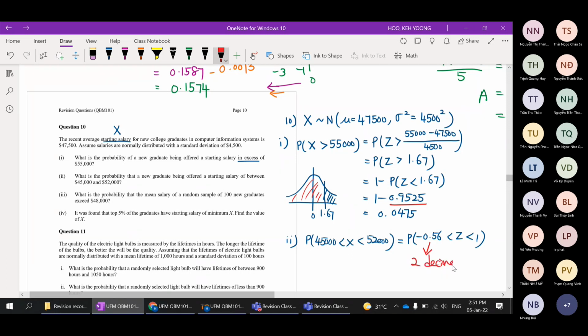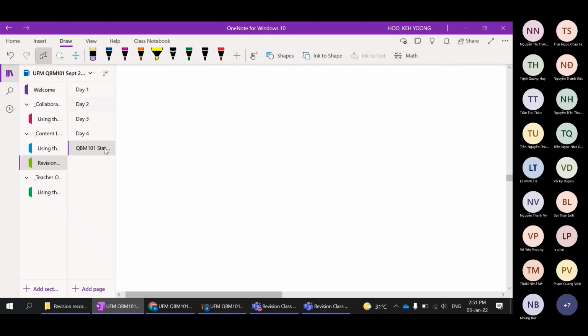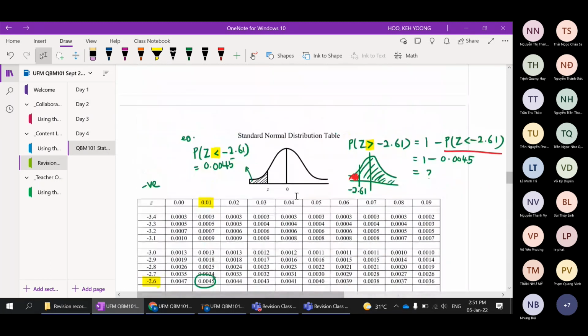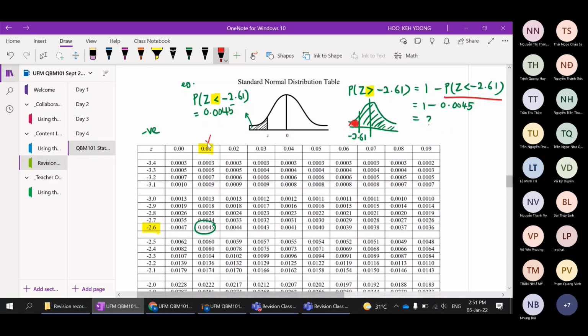If you have more than 2 decimals, round off to the nearest 2 decimals, because the statistical table only gives you up to 2 decimals. The columns are the second decimal.